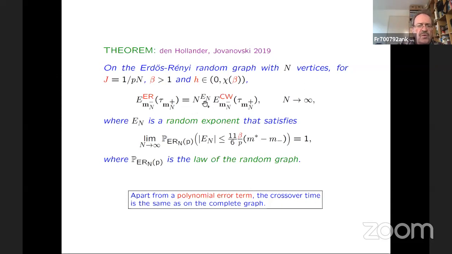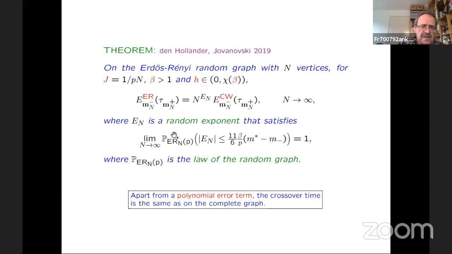So there's a control over what the error is, but there is a polynomial correction term that we do not control. And I think you have to realize first that because the graph is now drawn randomly, the answer should really be random. The Curie-Weiss model has a deterministic scaling, and there is now a correction which we are able to say something about with probability tending to 1 under the law of the Erdős-Rényi random graph on n vertices.